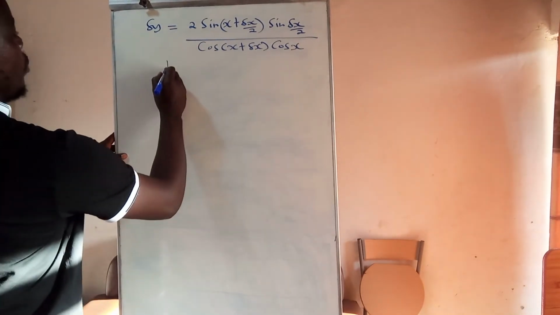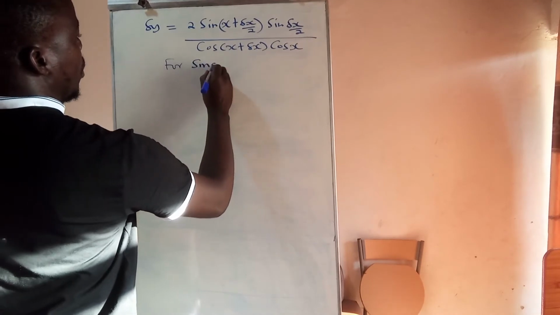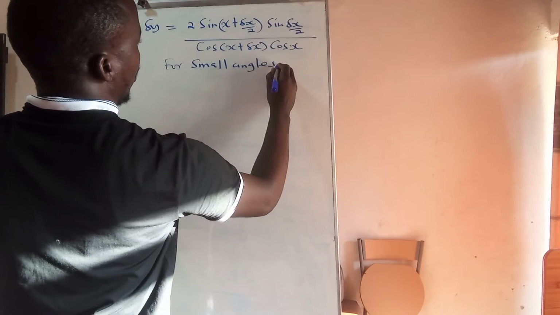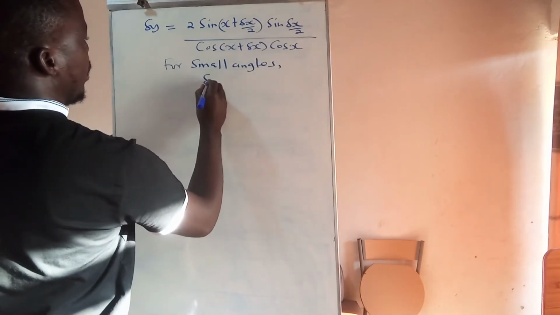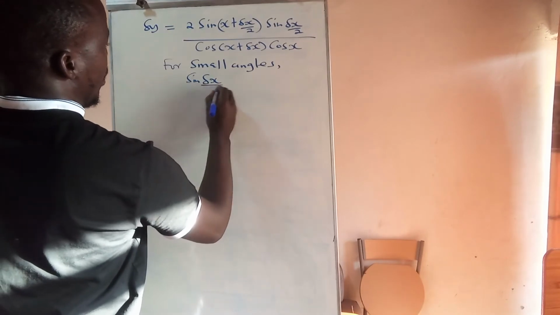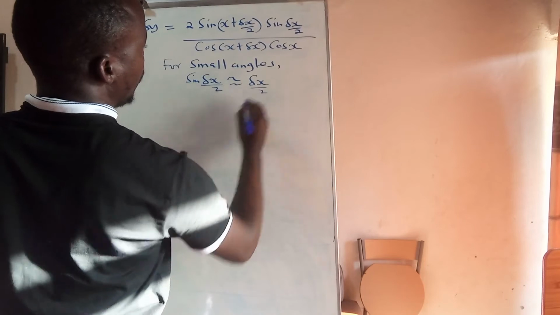So now from this level we shall bring the assumption that for small angles, sine of delta x out of 2 is approximately delta x out of 2.